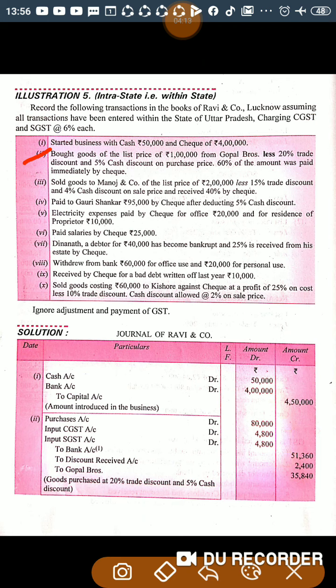If you analyze this transaction, you get to know that this transaction involves both credit as well as cash transaction. 60% payment we have made, so 60% is a cash purchase, and 40% is a credit purchase.